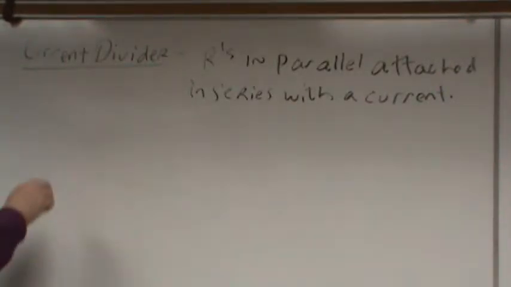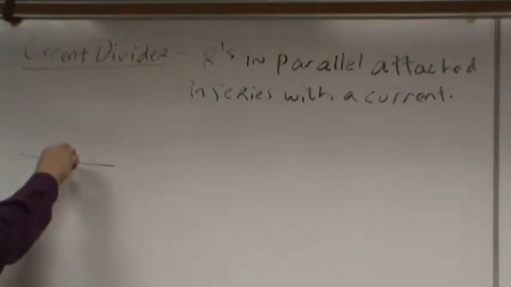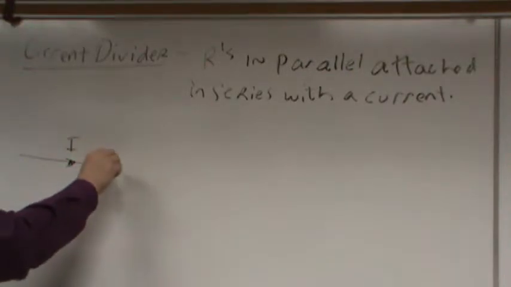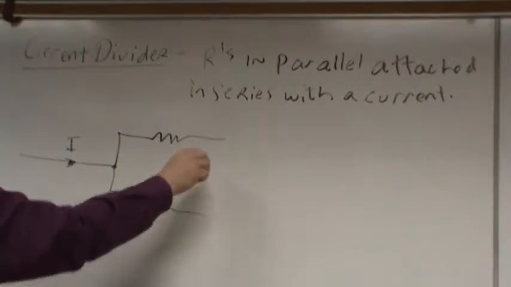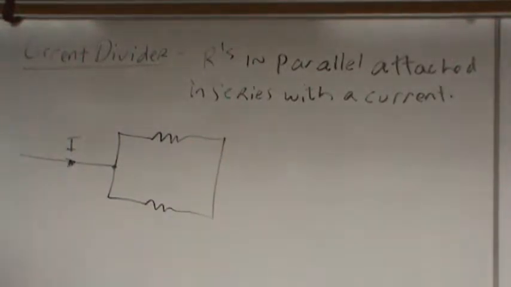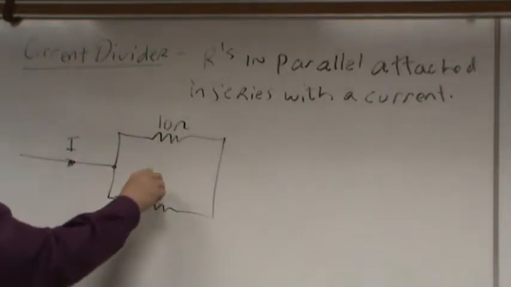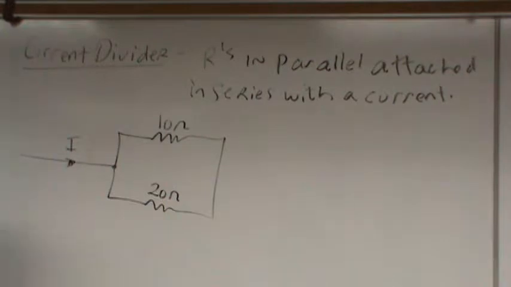Let me show you what I'm talking about. Suppose I've got some current I, and the current is splitting into two paths that are in parallel with each other. Suppose this was 10 ohms and this was 20 ohms.